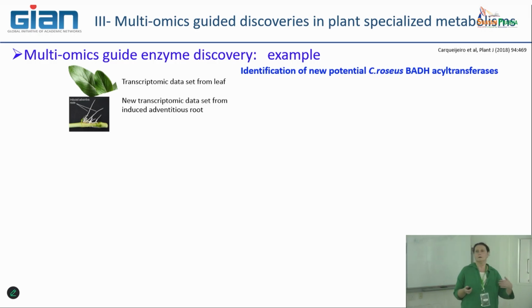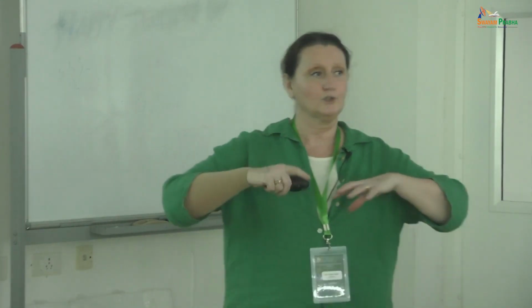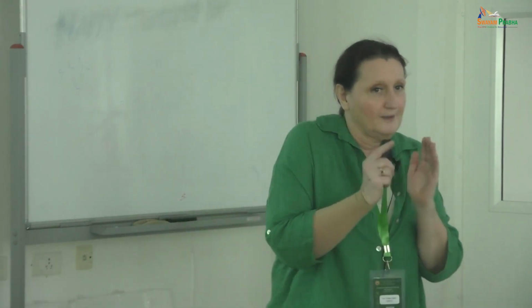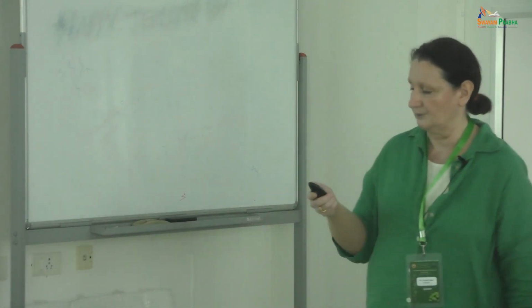It could be natural roots, hairy roots, or here also adventitious roots. This means we wanted to combine several transcriptomic datasets in order to have a bigger representation of transcripts, not just a small snapshot of the transcriptome in one condition.